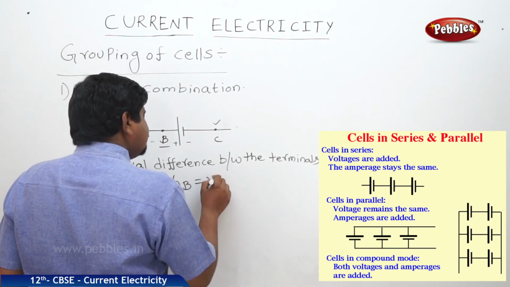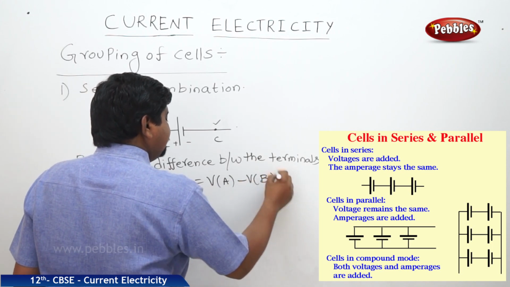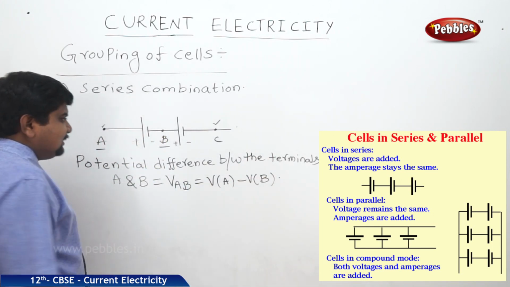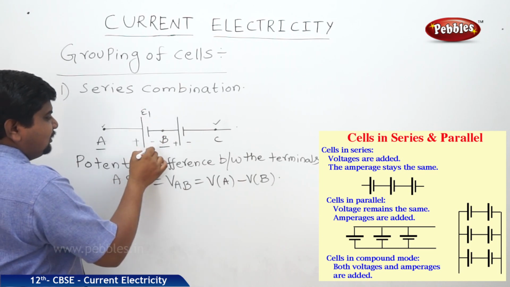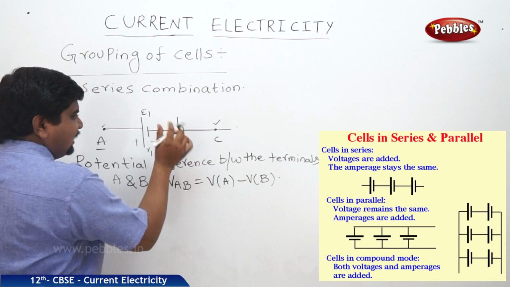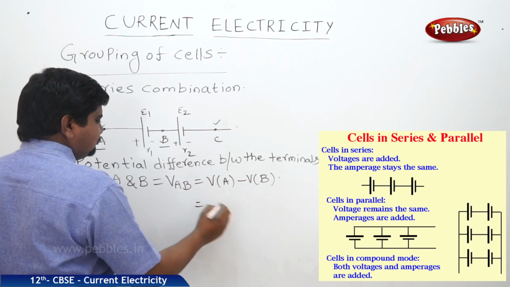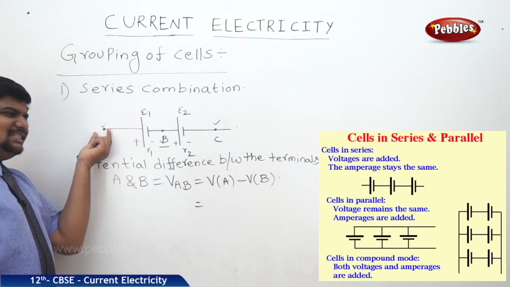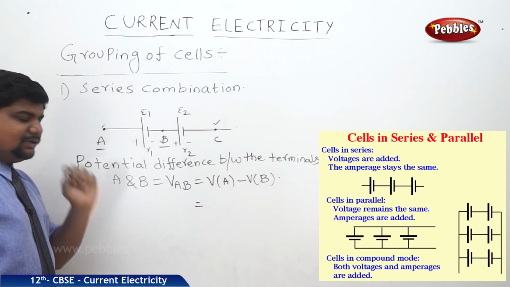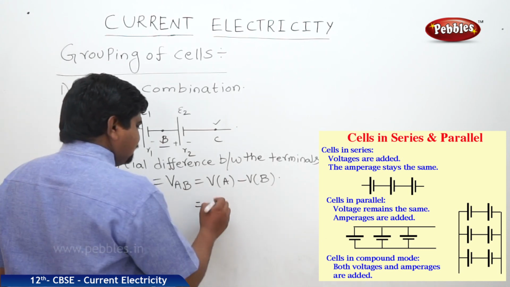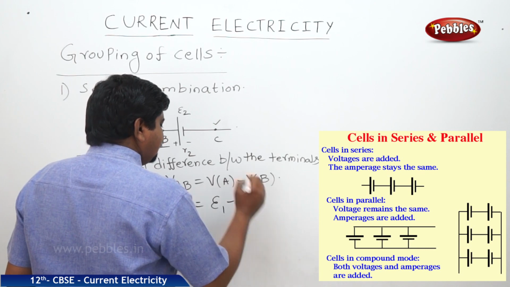The formula is V at A minus V at B. This cell has EMF E1 and internal resistance R1. The second cell has EMF E2 and internal resistance R2. There is no charge here at A, no cell or potential is applied at A. So VA minus VB we can get as E1 minus I R1.